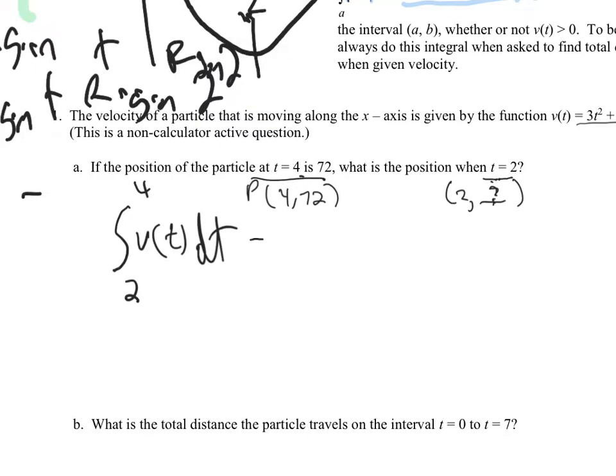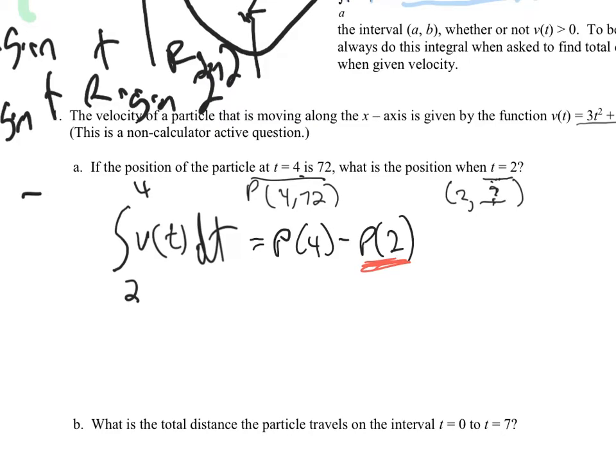So when you integrate velocity, you get the position. And we're going to plug in the top number first minus the bottom number. So there's my equation. Remember what we're looking for: P of 2.